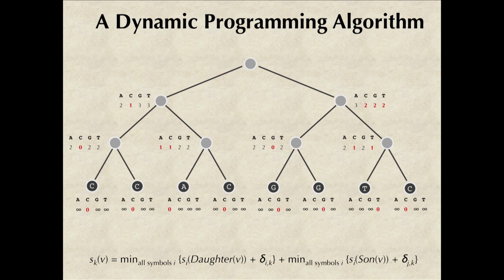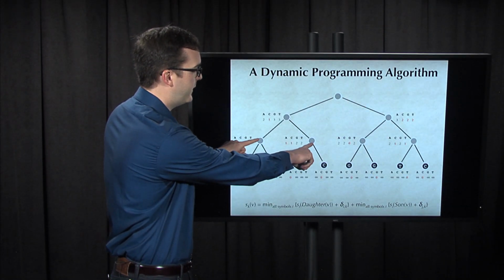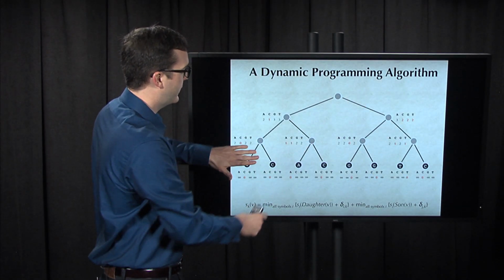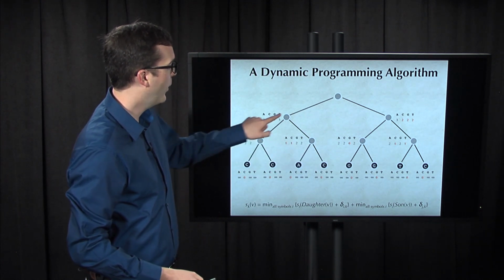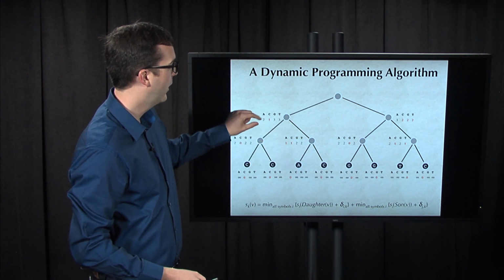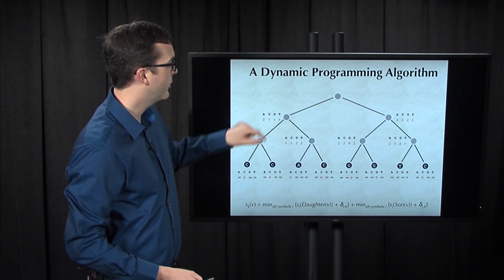So two more examples. For G, if we assume that we assign a G there, then we don't want to assign G's here, because that would give us parsimony score of 4 here and 4 here. And although we wouldn't have any conflicts along these edges, we would have a score of 4.